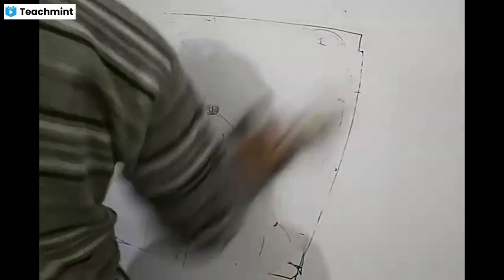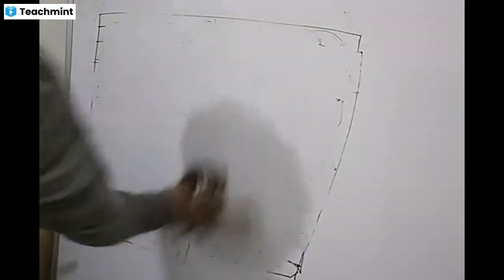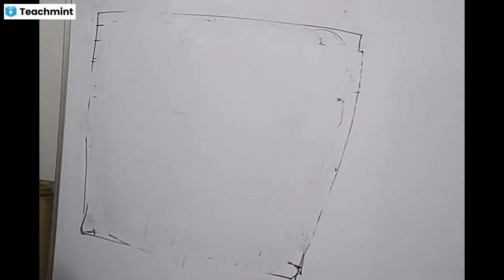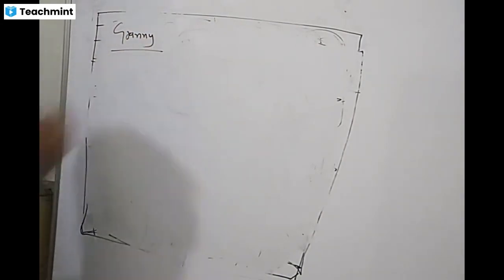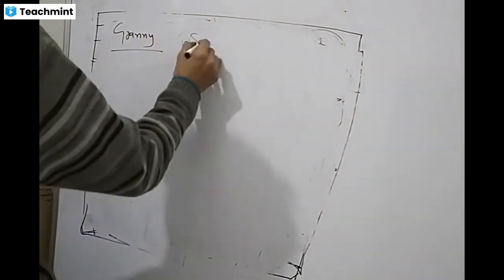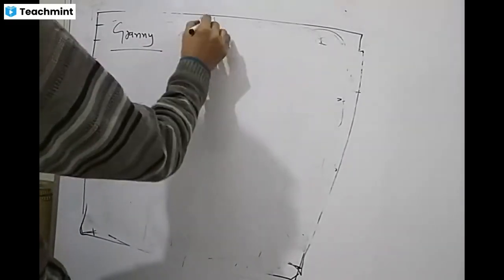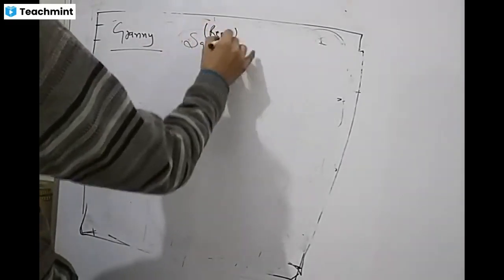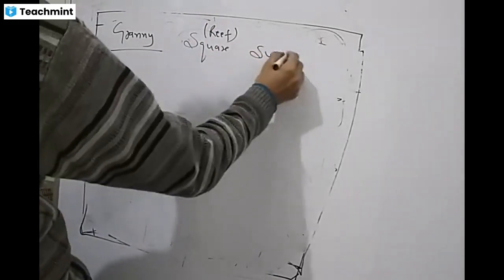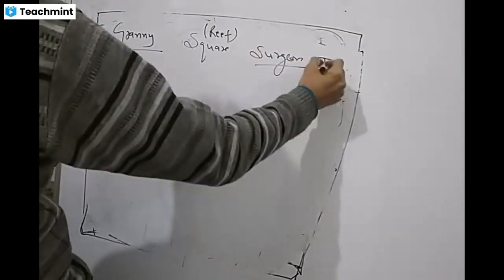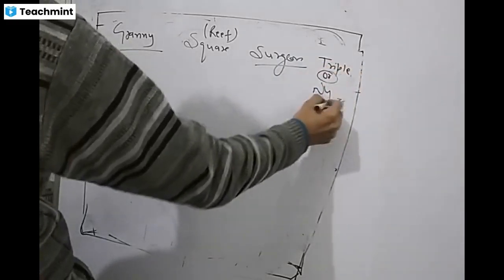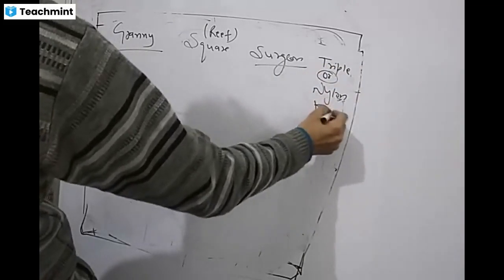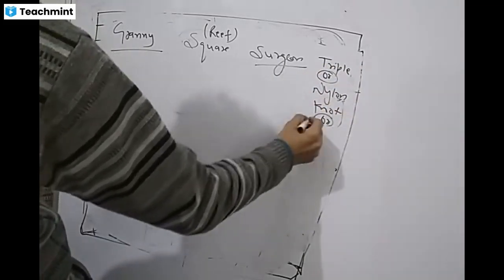There are four types of knots. First is granny. Second is square, which is also called reef knot. Third is surgeon's knot, and fourth is triple or nylon knot or reverse knot.